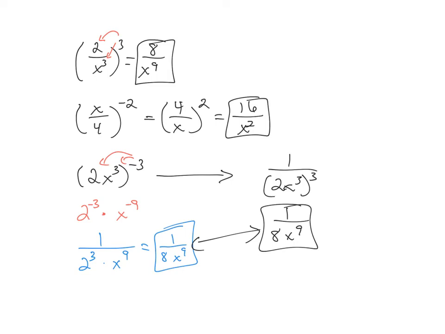Because the parentheses are grouping the whole thing, I can just move the whole thing to the bottom. So a little bit more involved, but still the problems go pretty quickly. There's not a ton to do with them.